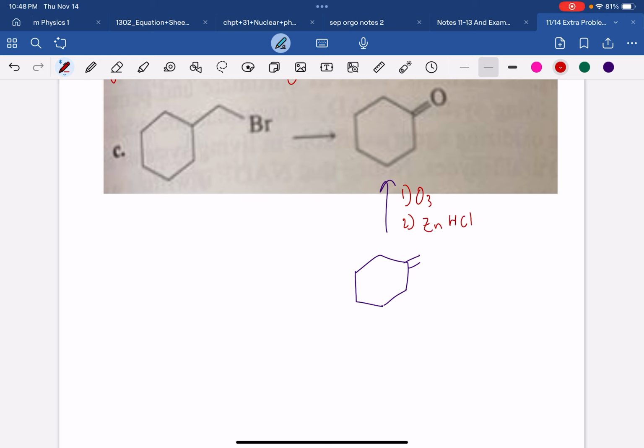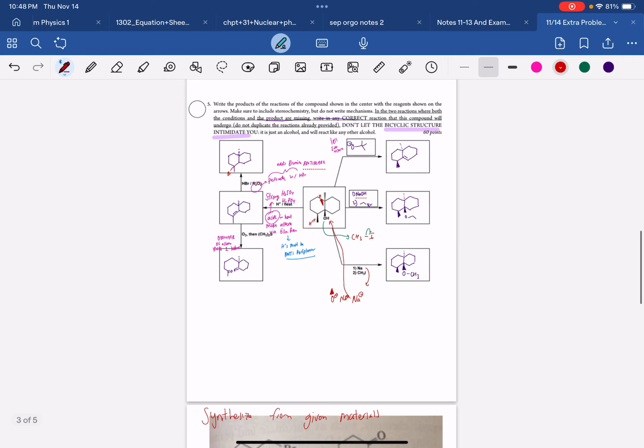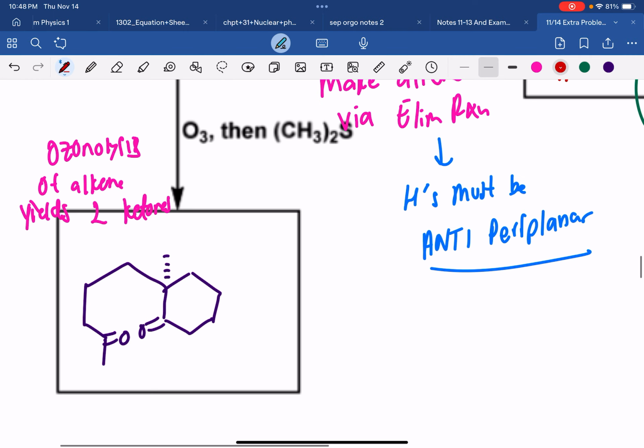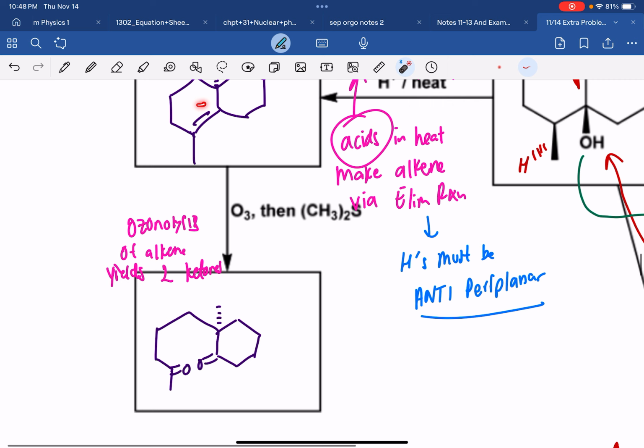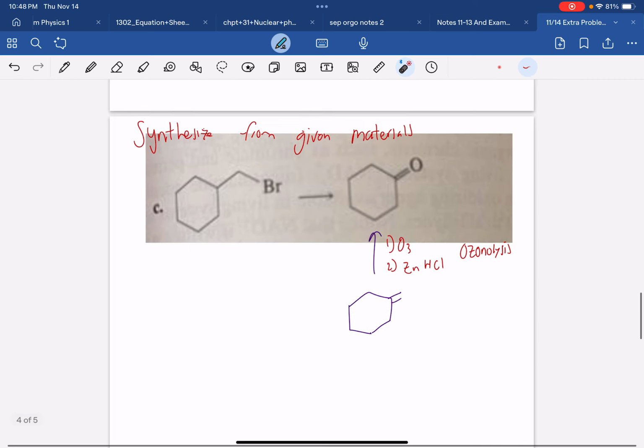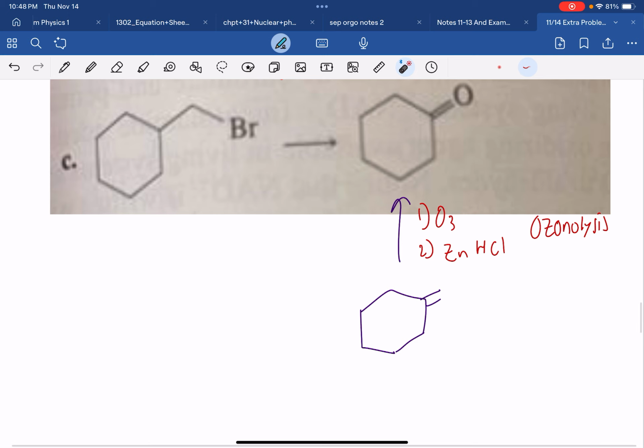And this is the ozonolysis. So this actually will, like we did in the reaction section, split the alkene here, and then you'll get 2 ketones. So that's why this one is so hard, because you need to recognize that it's not simply using an alcohol. It's using an alkene and ozonolysis.